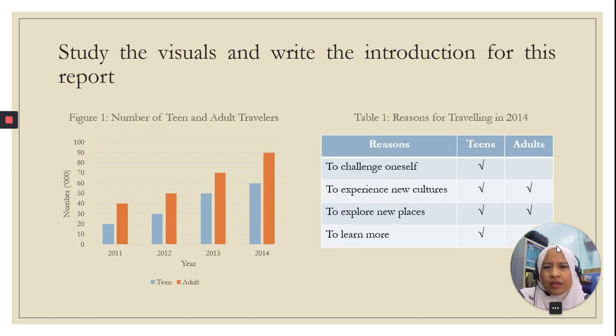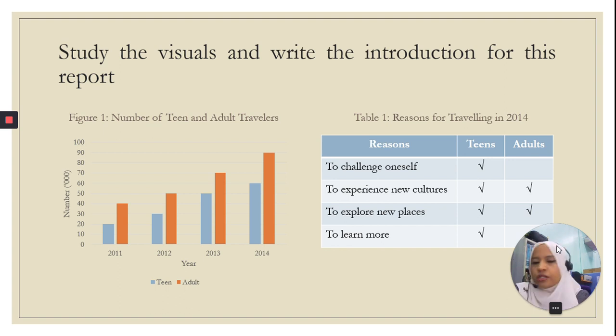Let's have a look at these 2 visuals here. These 2 visuals actually come directly from your textbook, page 212 of your ACE Ahead MUET textbook, so if you want to have a look, you can go to that page.